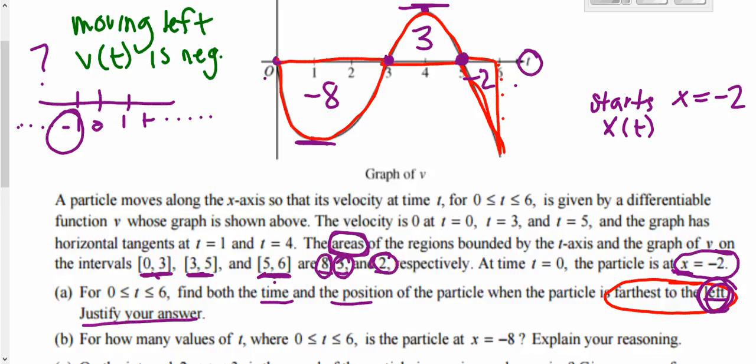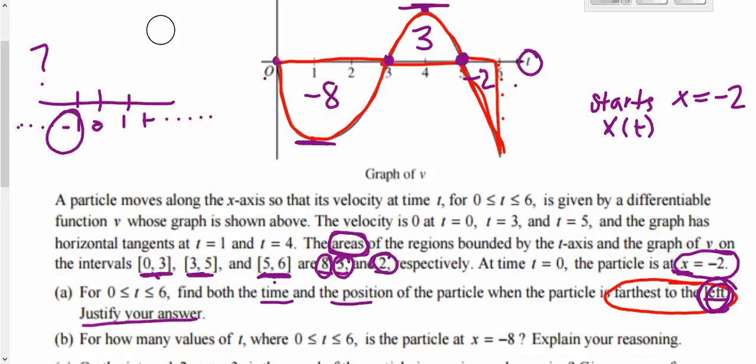So when these areas are negative, that's when we're moving left, okay? So when we're looking here and we have this down here, this -8 means that our particle moved to the left 8 units.